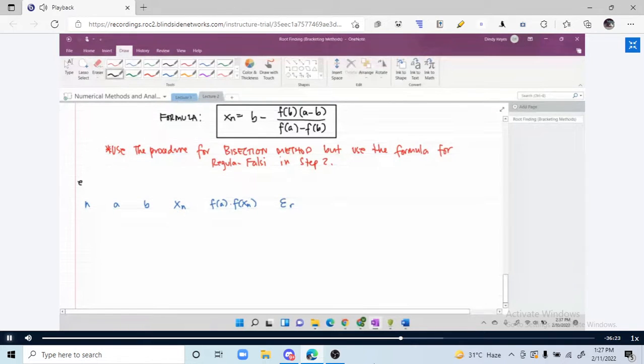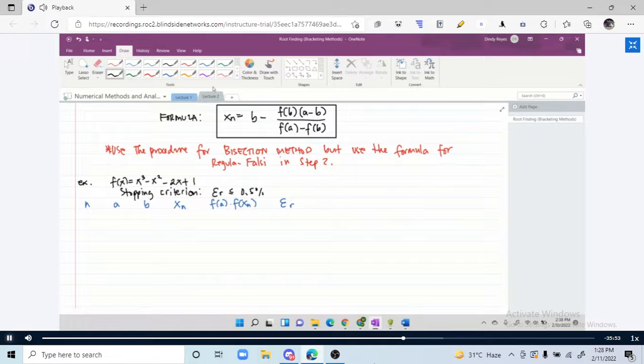So same example, f of x equals x cubed minus x squared minus 2x plus 1. And then you have to satisfy the stopping criterion, which is the relative error should be less than or equal to 0.5%. Let's see who's faster to converge.